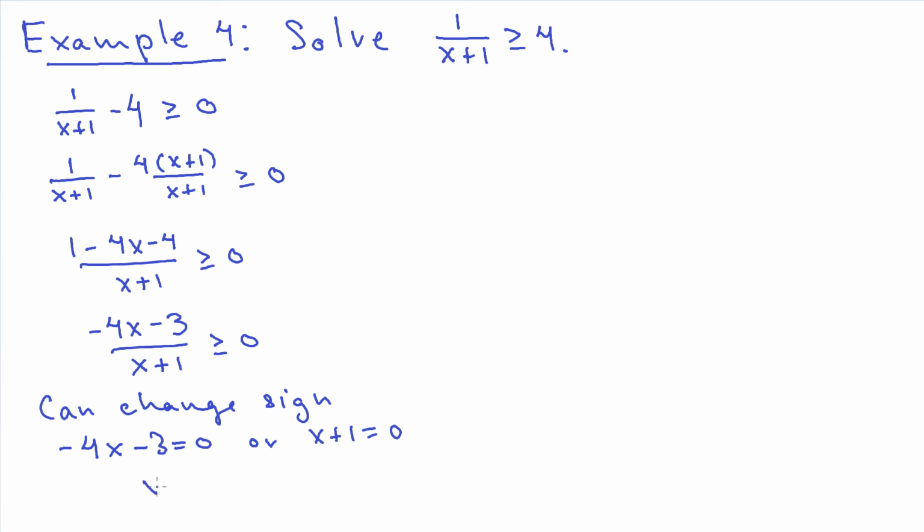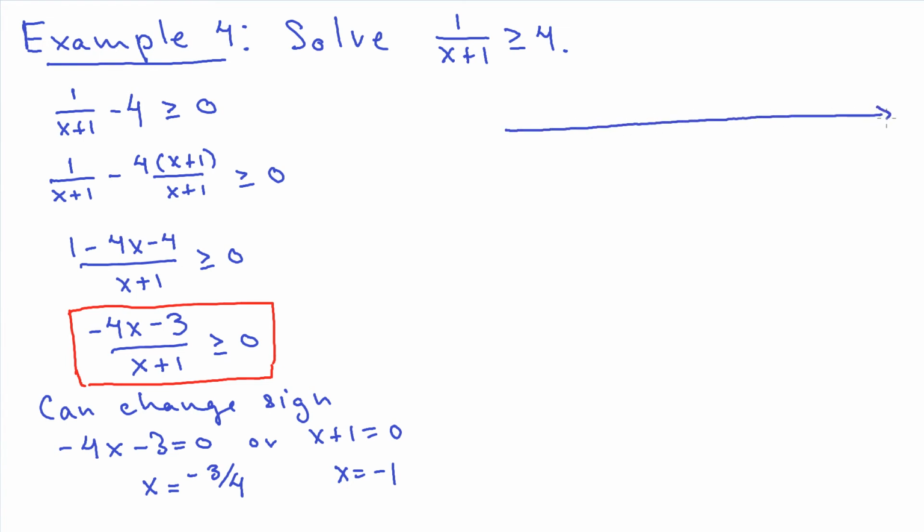So in the first case, I get that minus 4x minus 3 is equal to 0 when x is minus 3/4, and x plus 1 is equal to 0 when x is equal to minus 1. So focusing on what we've changed our inequality into, I want to figure out this question. And to do that, I use a number line.